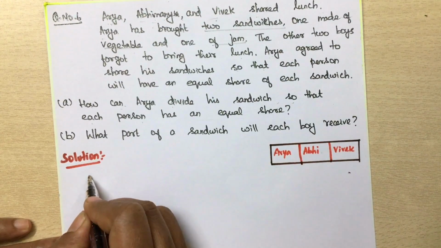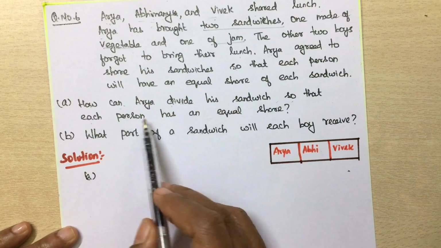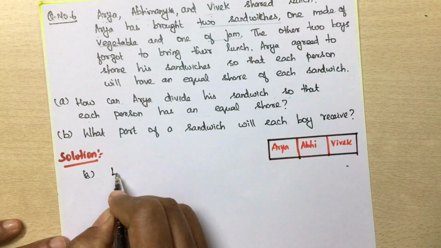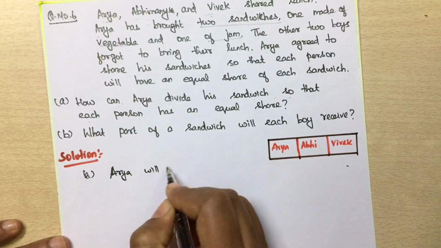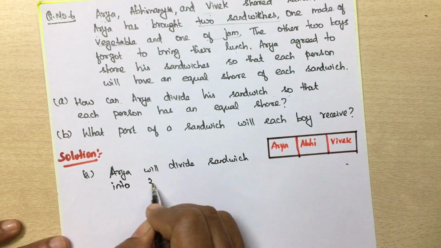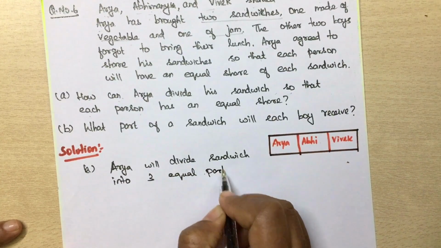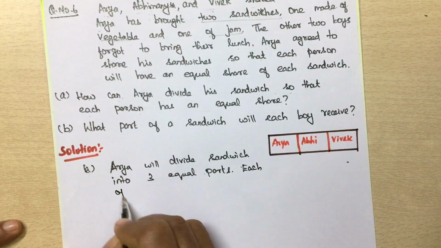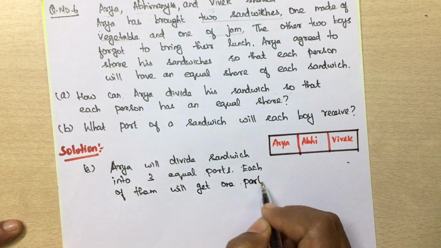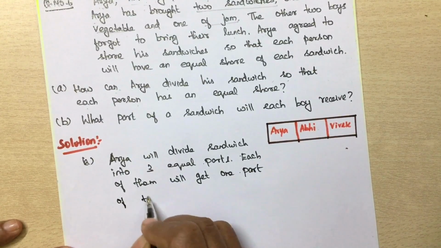The first answer is Arya will divide the sandwich into 3 equal parts. Each one of them will get 1 part. One part of the sandwich.